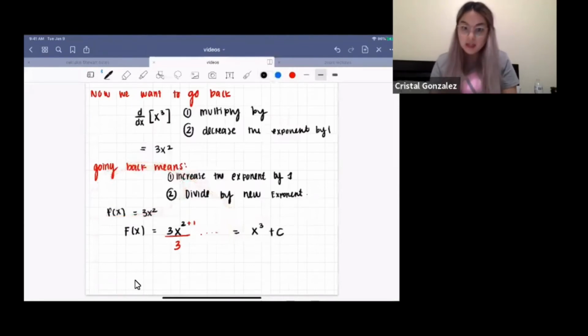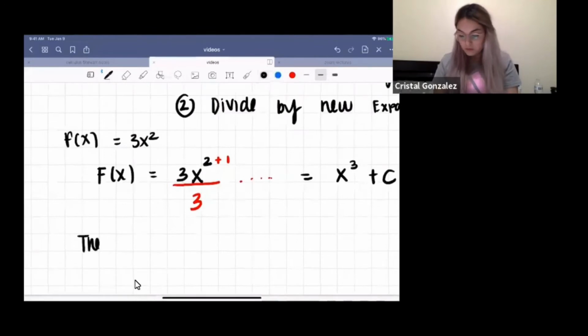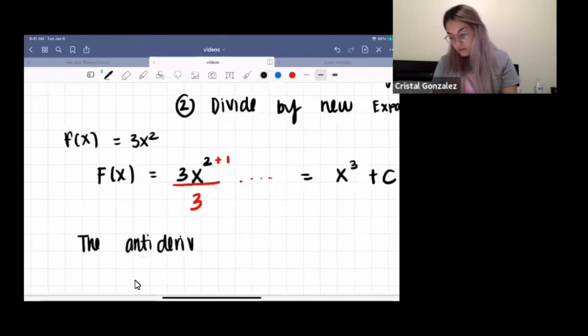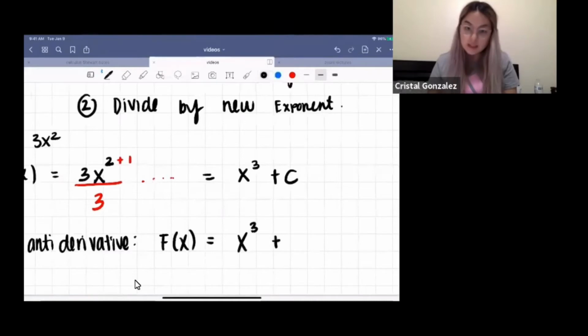So my antiderivative is capital F of x, which is equal to x cubed plus c.